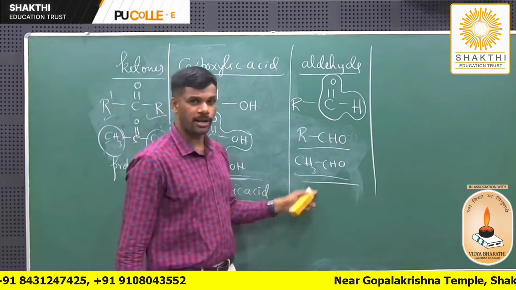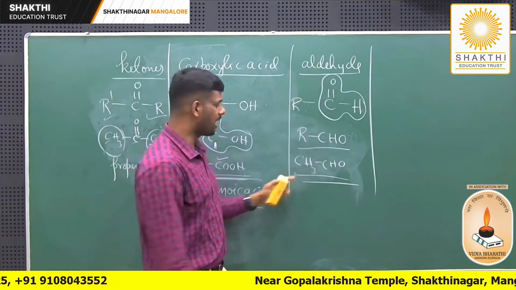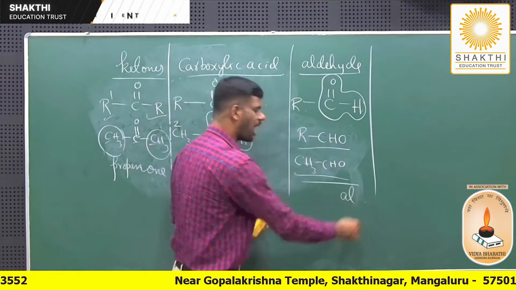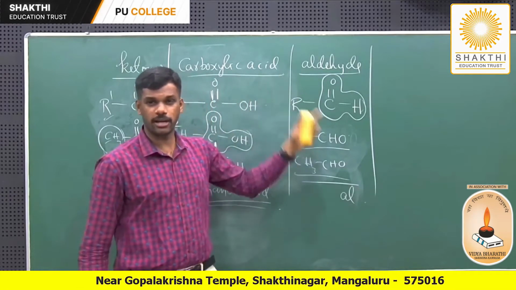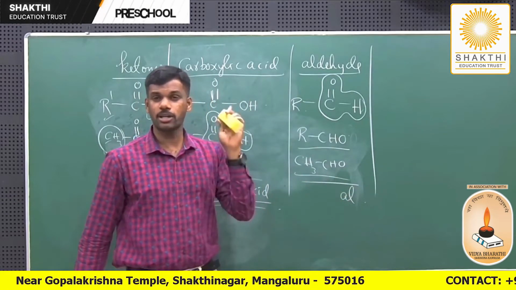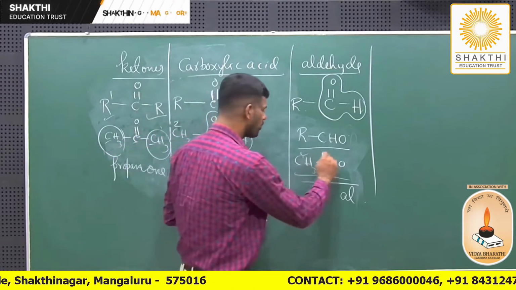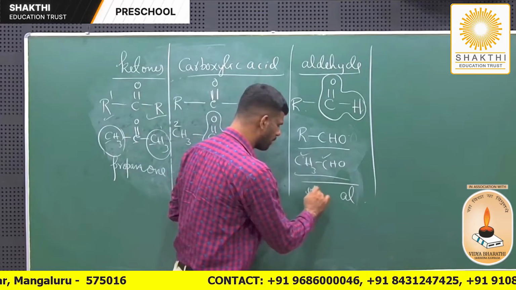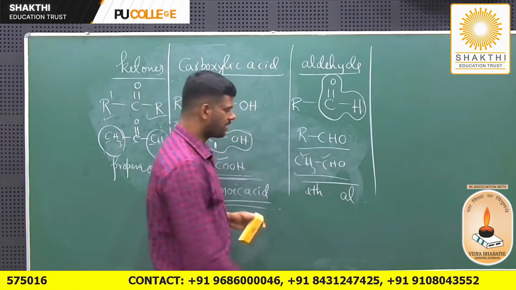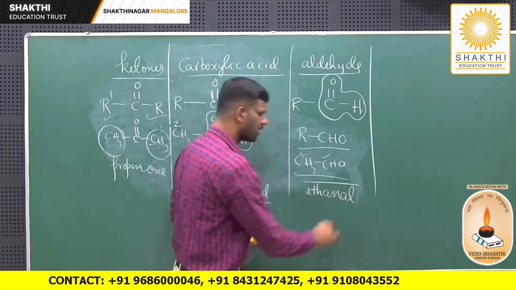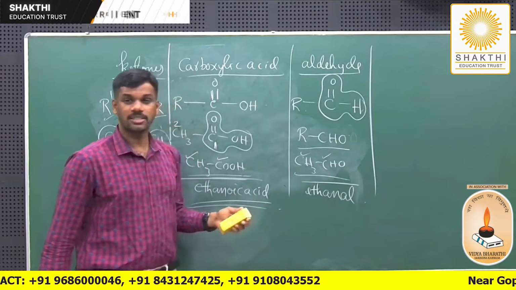Coming to the next one, aldehydes. I say aldehydes should end up with al. Don't be confused. Alcohols are going to end up with ol. Now there are 2 carbon atoms, and you all know if there are 2 carbon atoms, it is eth. And there is a single bond, so this is ane. And then you know that is ethanal.